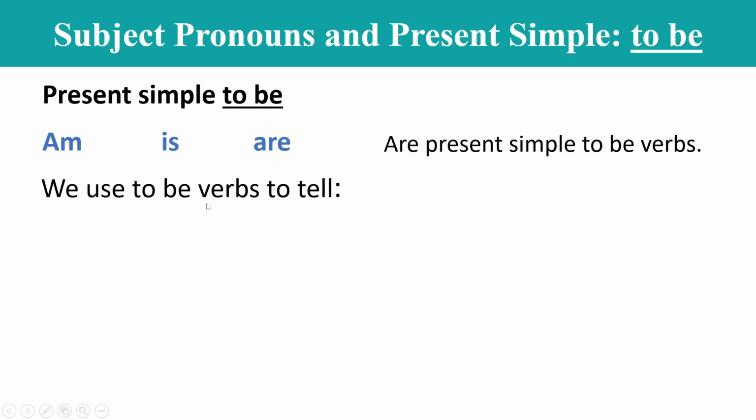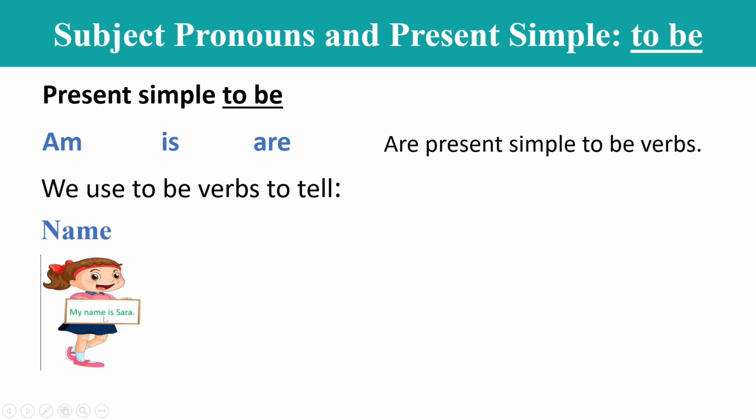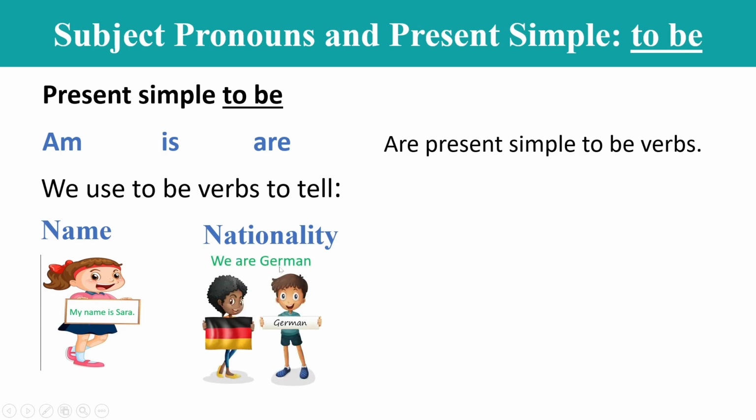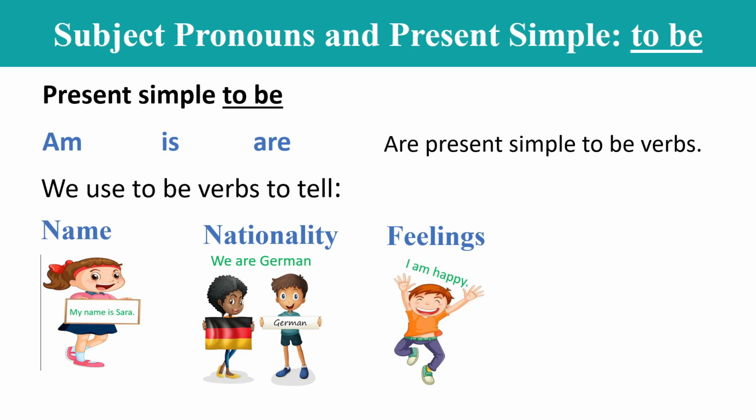We use to be verbs to tell the name of someone, like, my name is Sarah. Nationality, like, we are German. To express feelings, like, I am happy.